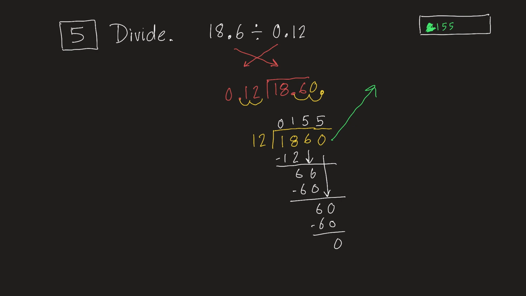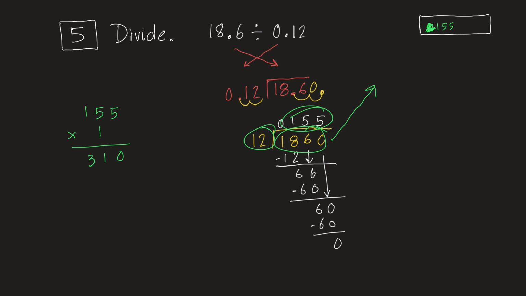All right, so let's see if it's right. Let's multiply this guy by this guy, and if it is right, it'll equal this guy. So come over here, 155, don't cram your work together, times 12. That's 10, that's 11, that's 3. Next step, give you a little way to remember so you don't forget everything.